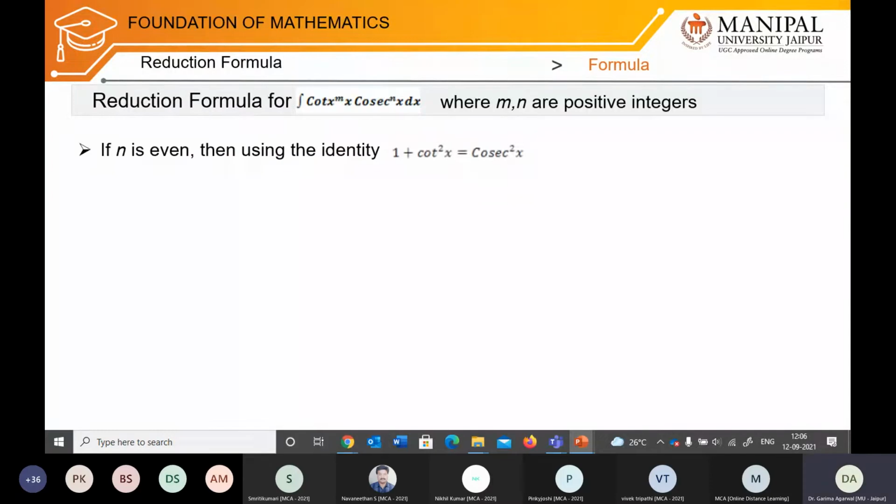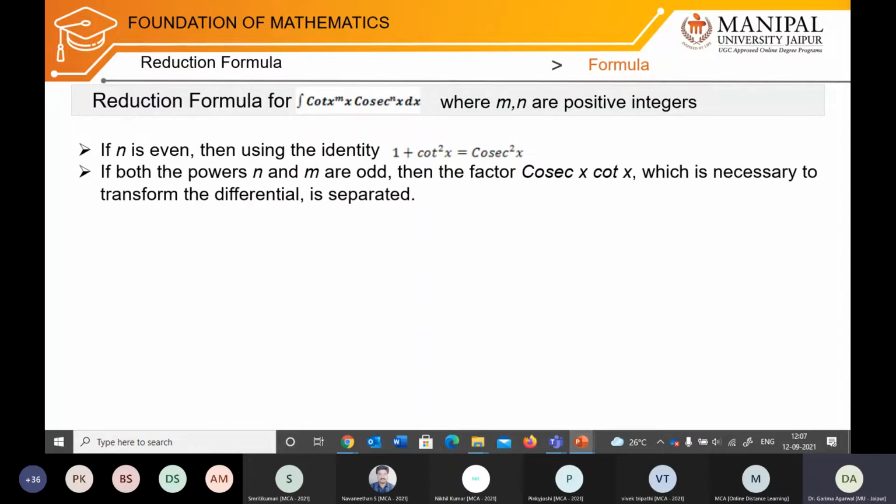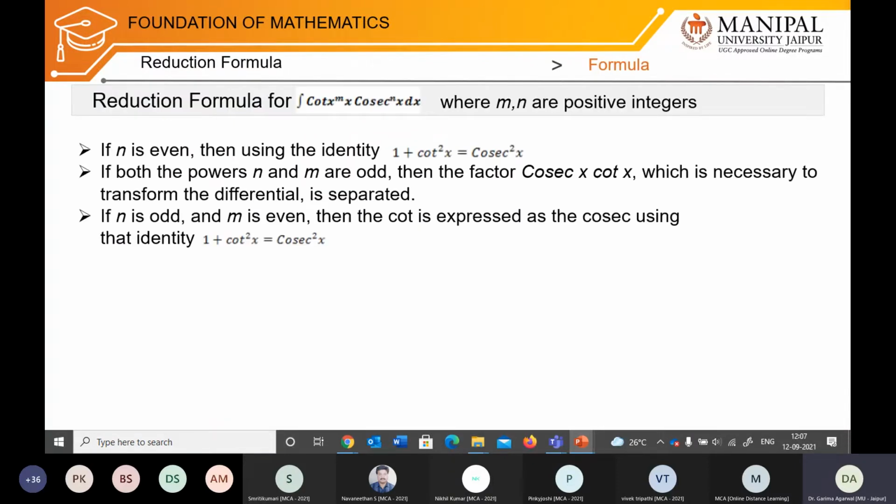Now the next is integration of cot raised to mx and cosec raised to nx, where m and n are positive integers. Now if n is even, means the power of cosec x is even, we use the identity 1 plus cot square is cosec square.